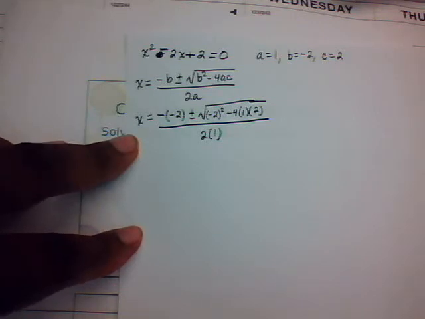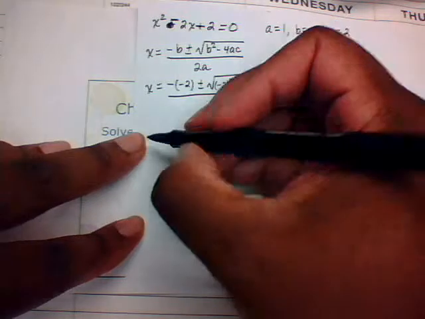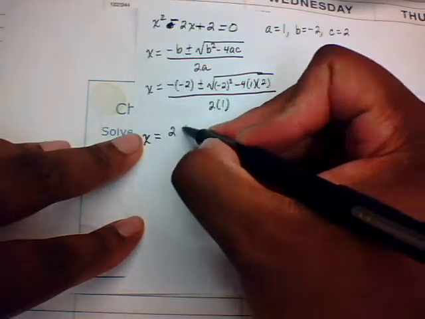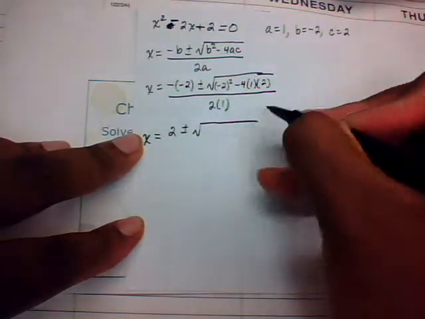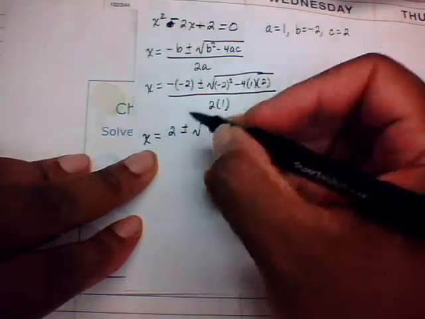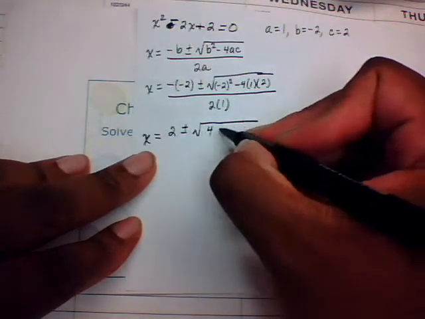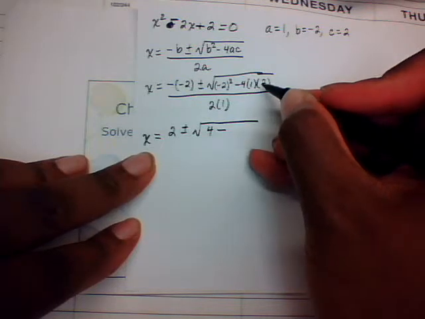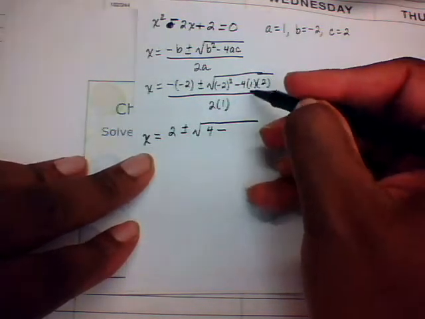Okay, let's go ahead and clean up what we have here. Negative of a negative 2 is 2, plus or minus the square root of negative 2 squared, which is negative 2 times negative 2. That's 4. Minus 4 times 1, which is 4, times 2 is 8.